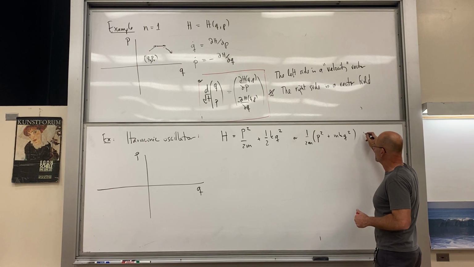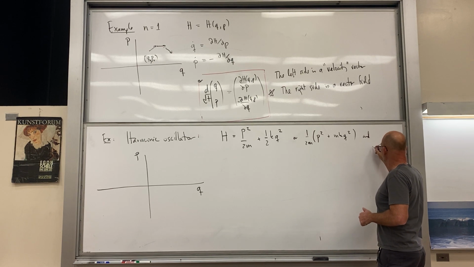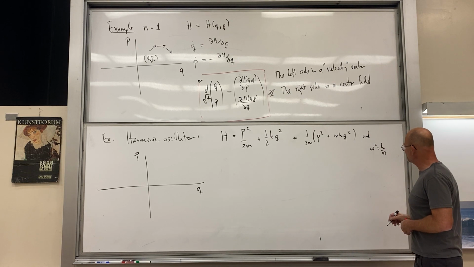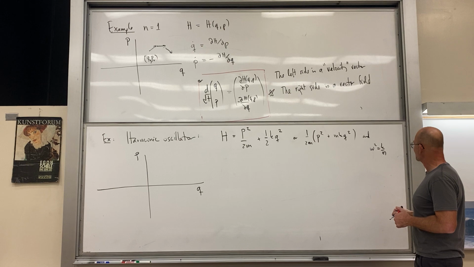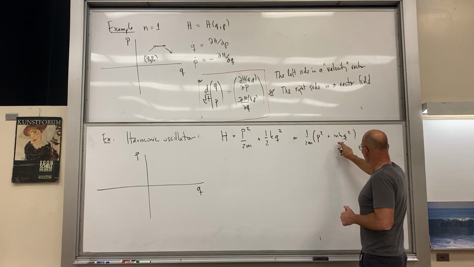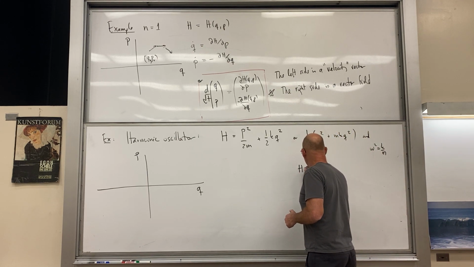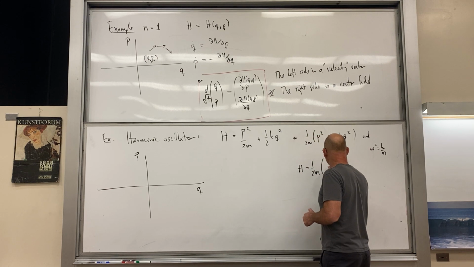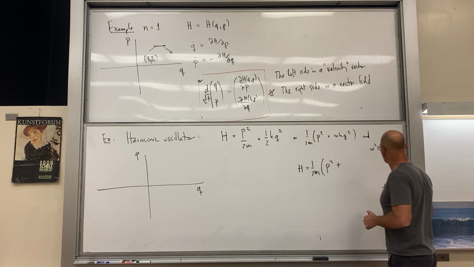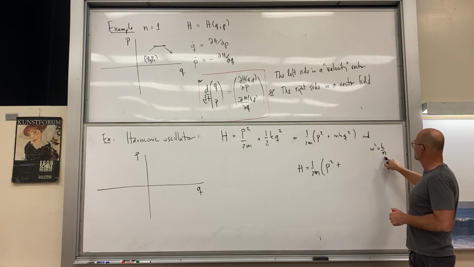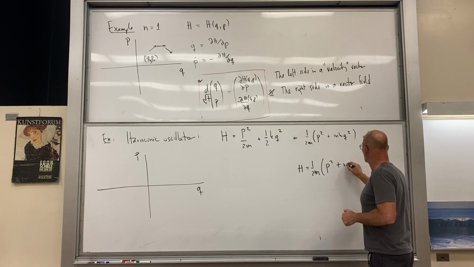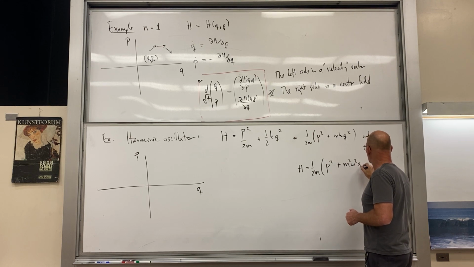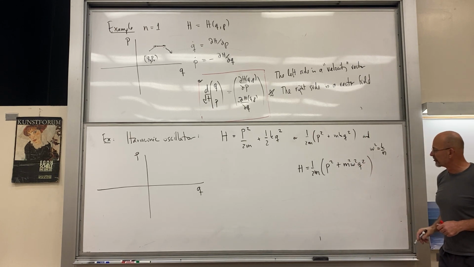And we have omega squared equals K over M. So K is M omega squared. We can also write 1/2m P squared plus, let's see, okay.